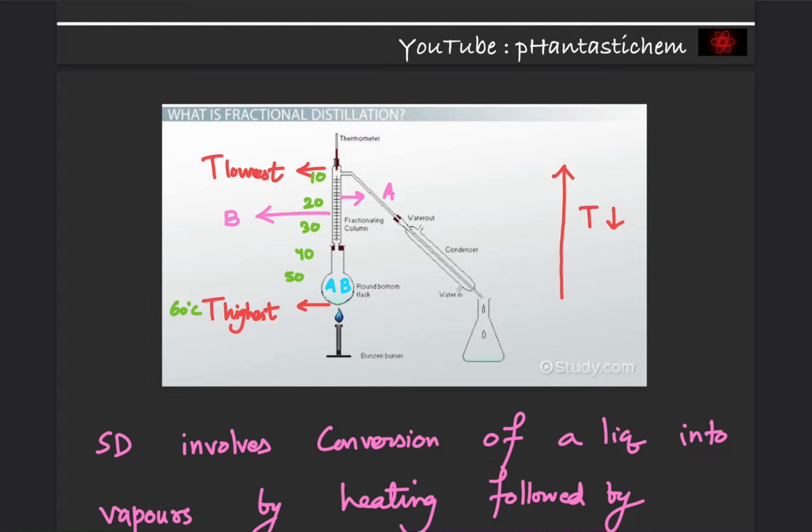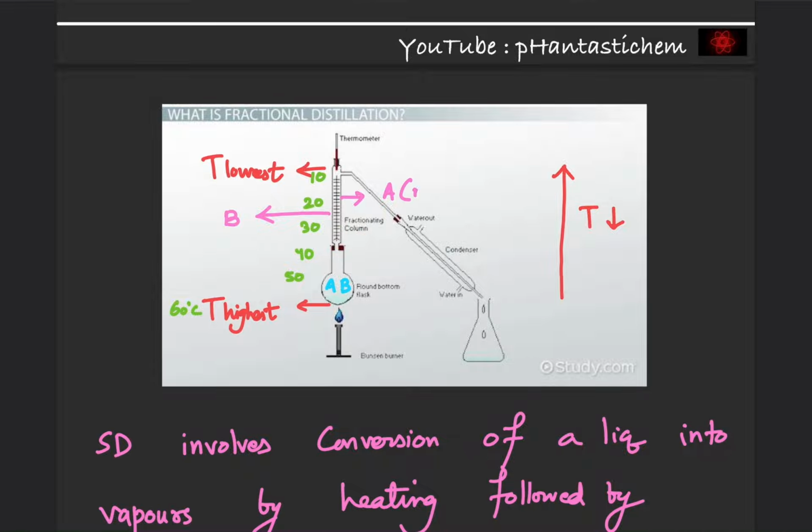Therefore, vapors rising up: B becomes a liquid here and it falls down, and A rises up. So the vapors rising up are richer in A, or the more volatile component, and the liquid flowing down is richer in B, or the less volatile component, right?